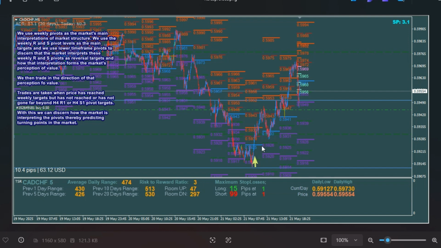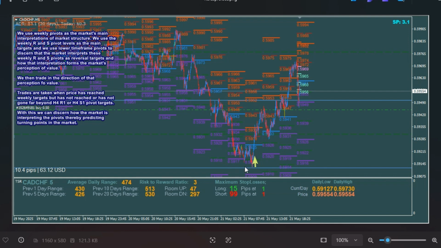So in essence, the market can either interpret this weekly S2 level as a level that should be broken and price will continue to go further down, or the market will interpret this weekly S2 level as a reversal target that will push price back up. So how do we discern how the market is interpreting the weekly S2?